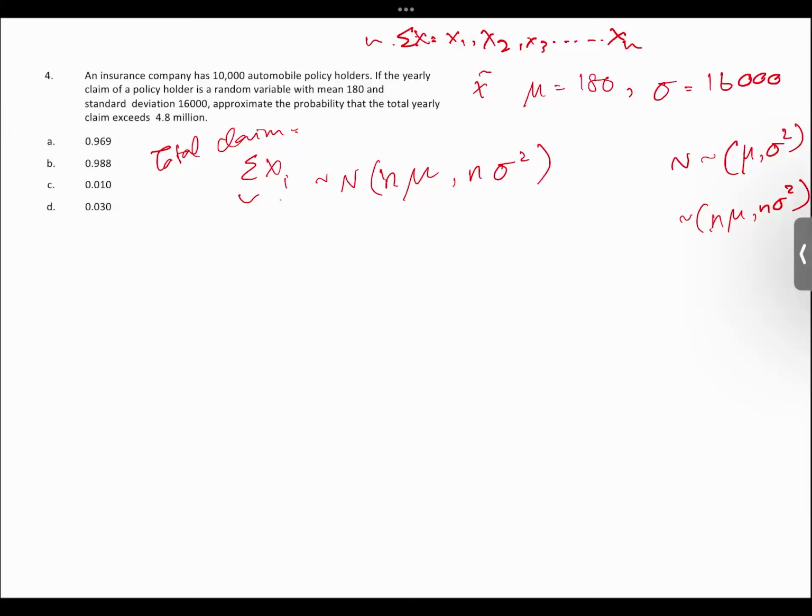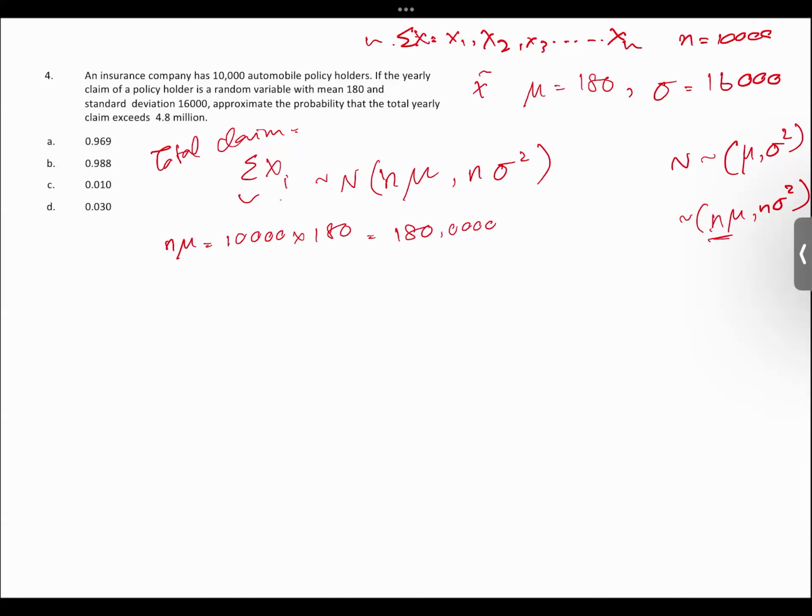From the question, we have n mu equal to n is 10,000 into mu is 180. So you'll have 180 with 4 zeros.